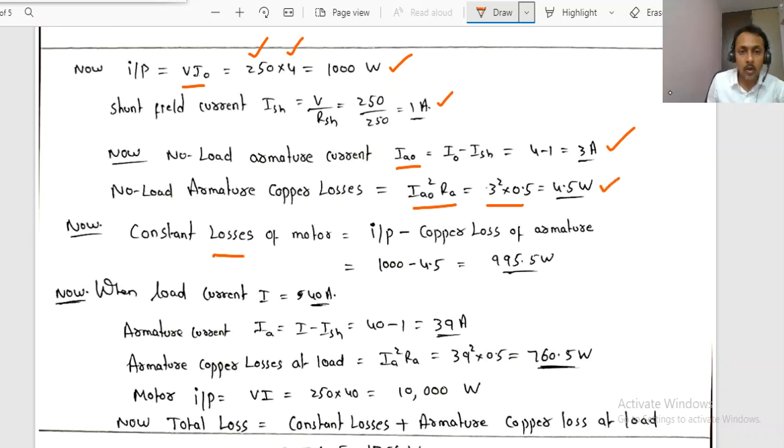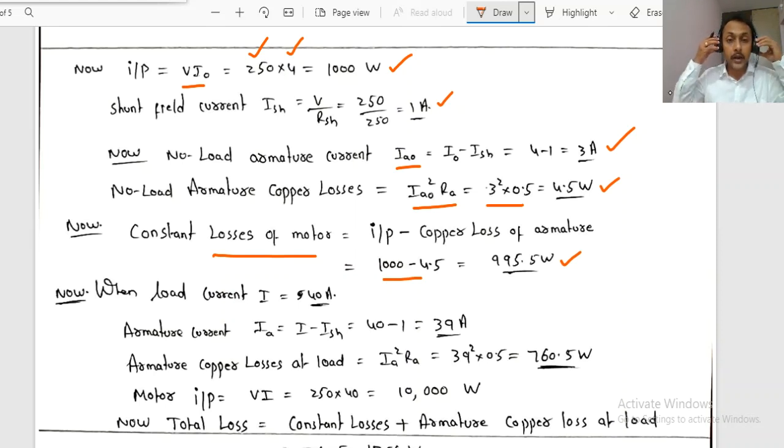Now the constant losses of the motor will be total input minus the armature copper loss: 1000 minus 4.5, it is 995.5 watts.